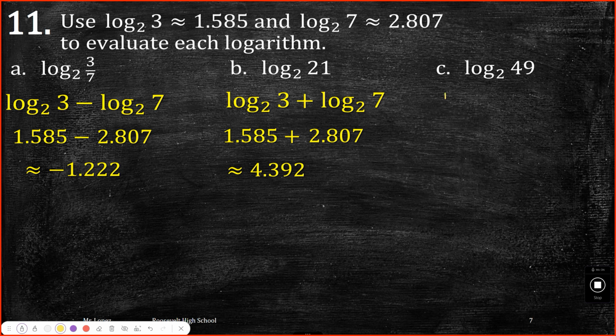Couldn't you do this? I'm just changing it up a little bit. 49, isn't that 7 squared? 7 squared is 49. Bring this 2 times log base 2 of 7. Yeah, no. Could the other one work? This one works as well. So whichever you want to do.